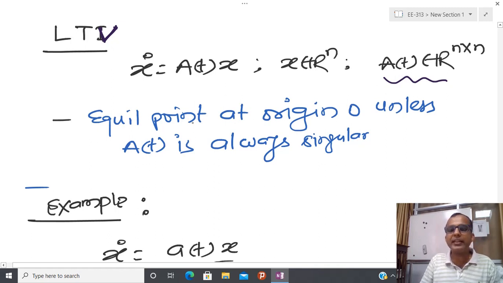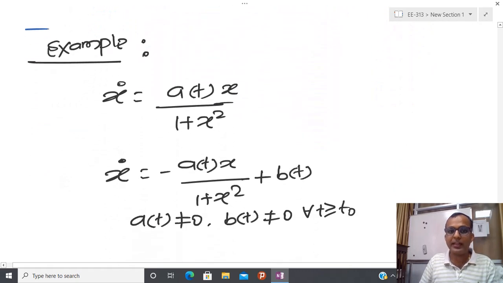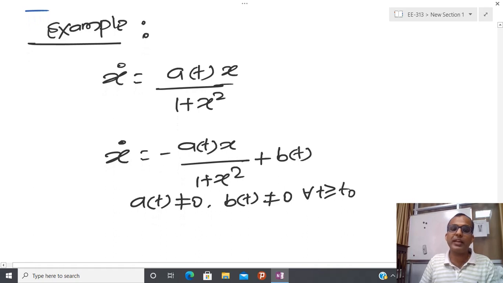And we are saying that the equilibrium point is at the origin unless A(t) is singular, and this should hold for all t. So that is very important. You have to check whether for all t this is singular or not. If it is not singular, then x equal to 0 is not the equilibrium point. Now please do not get confused, because here A is changing with respect to time, so I cannot talk about the null space here.